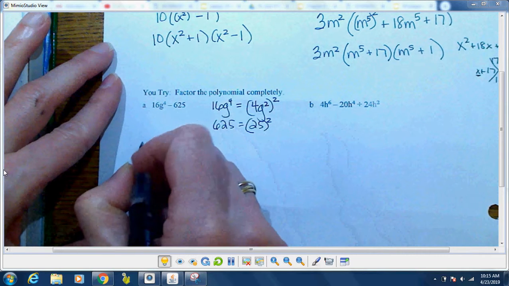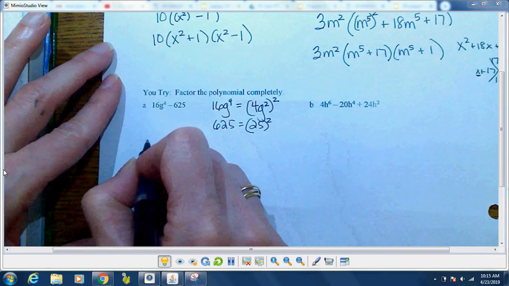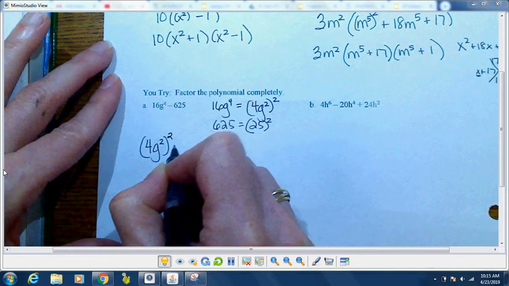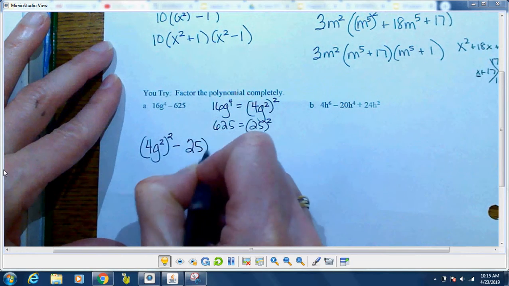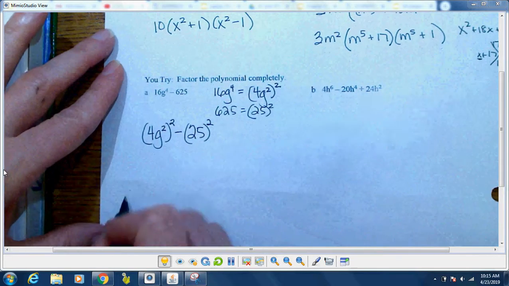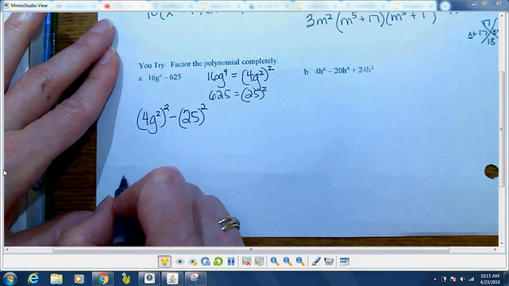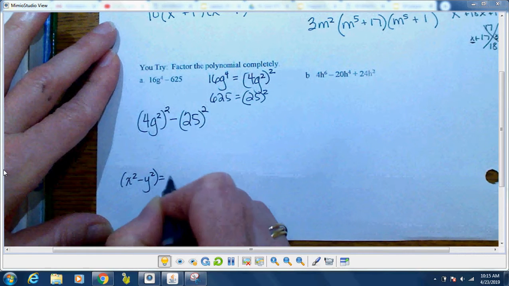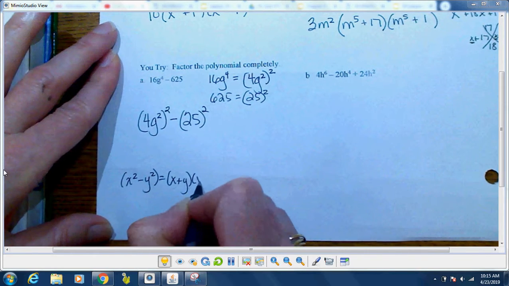So what I have here, if I rewrote this as 4g squared squared minus 25 squared. So now I'm just going to follow the difference of two squares. I'm going to jot that down here, so if you had x squared minus y squared, it's just x plus y times x minus y.